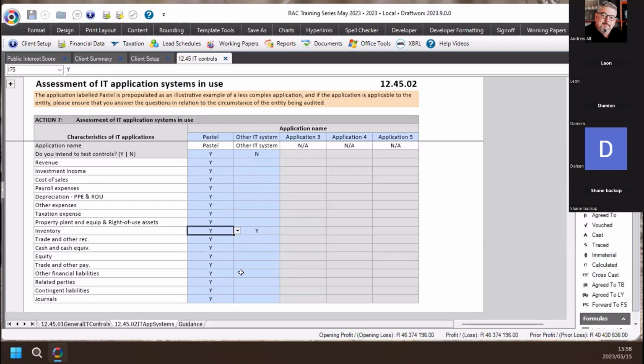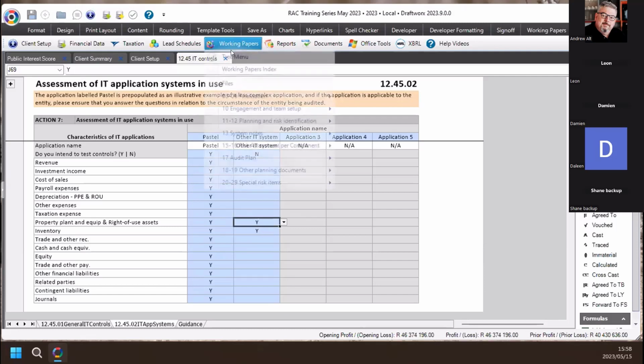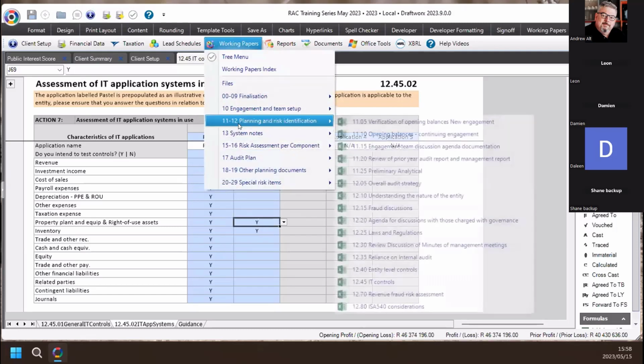But that's the intention here, because again, I carry this information over to my system description. So for use later, I'm going to say that this also impacts property, plant, and equipment, because that's the actual system description that I want to run through with you in a few minutes' time. Okay, so that's document 12.45.